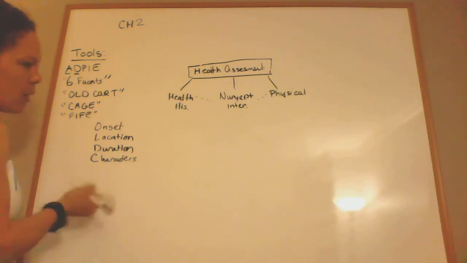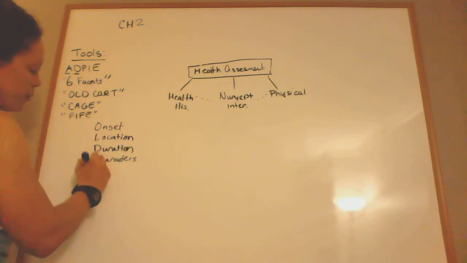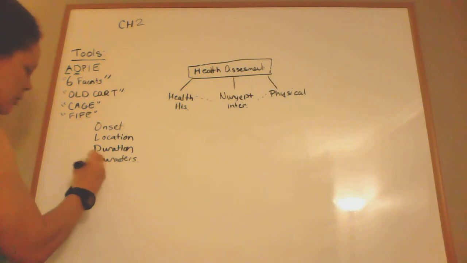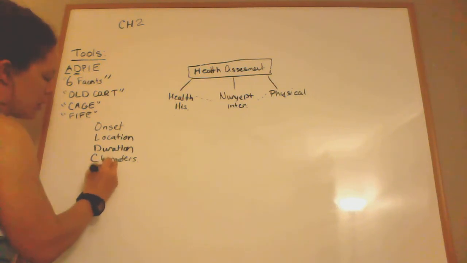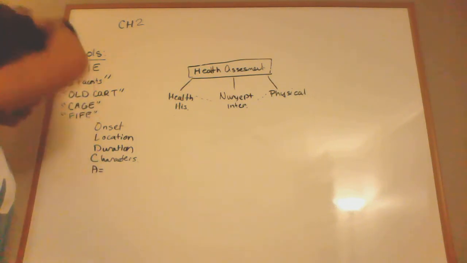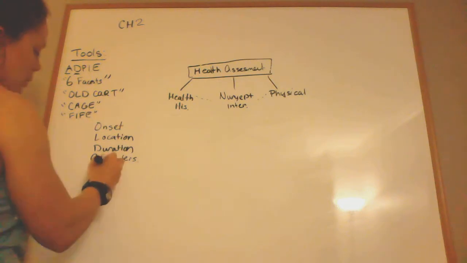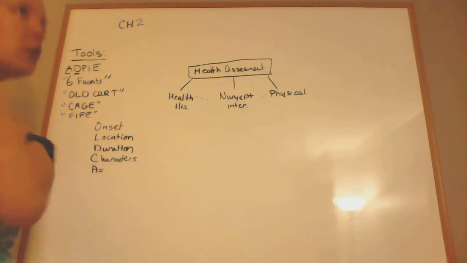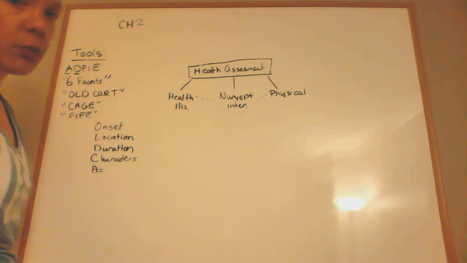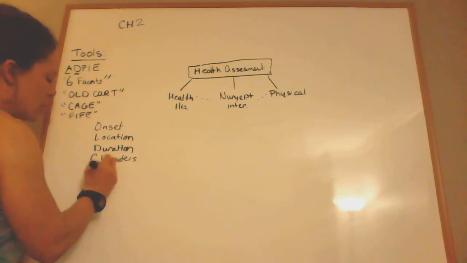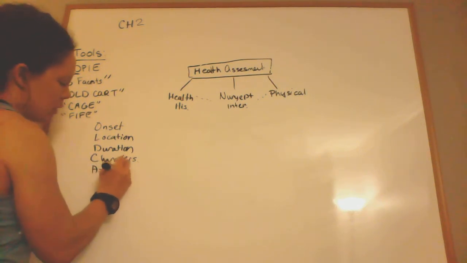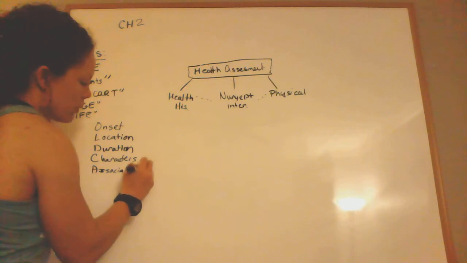Is it on and off again? So what else goes with your issues? Here we're talking about associated manifestations. So when my leg hurts, my foot swells, what else? Associated manifestations.